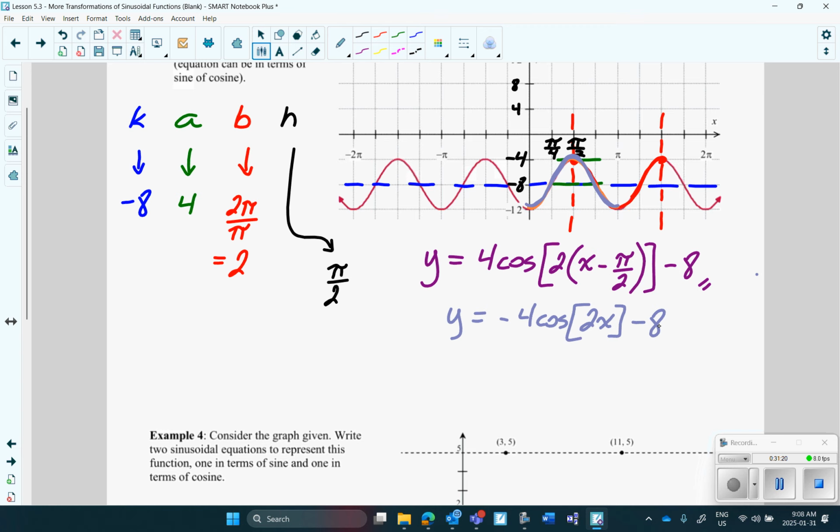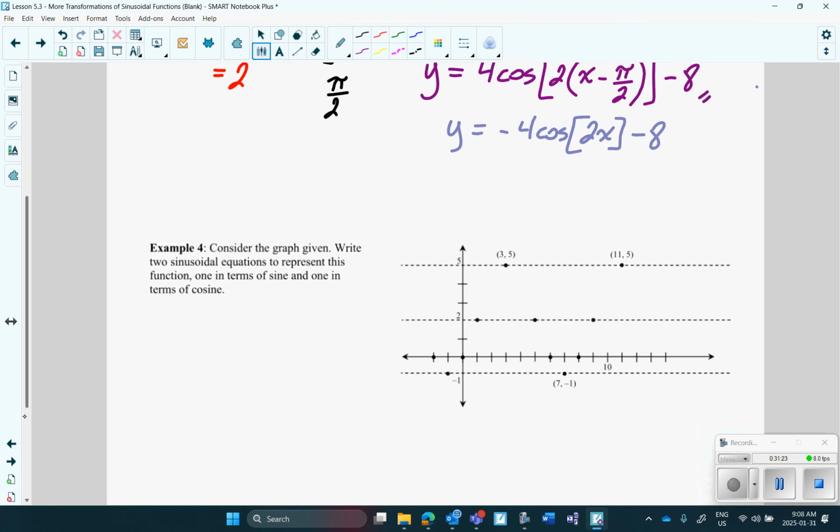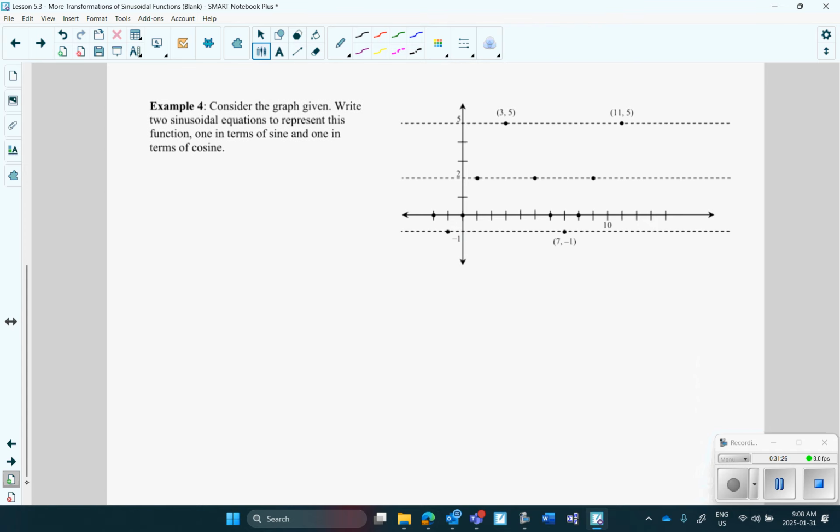Okay, the final one. So in this one, we're asked to write two functions, one with sine in it, one with cosine in it.